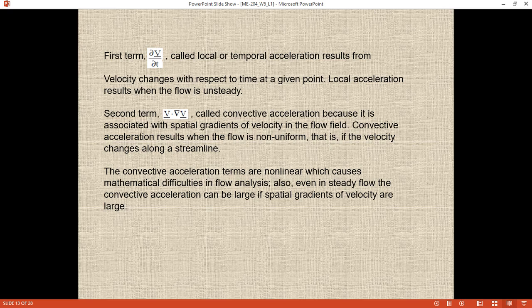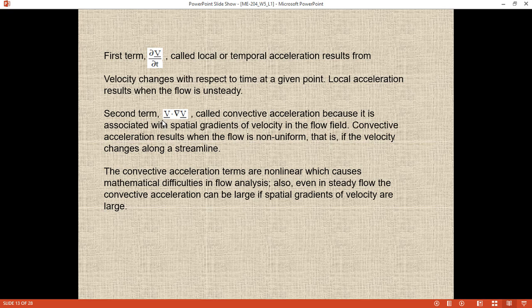If the flow properties are changing with respect to time, such flow is called unsteady flow. If the velocity is not changing with respect to time, the flow is steady. If the velocity is changing with respect to time, the flow is unsteady. If del V by del t is equal to 0, that means the flow is steady.